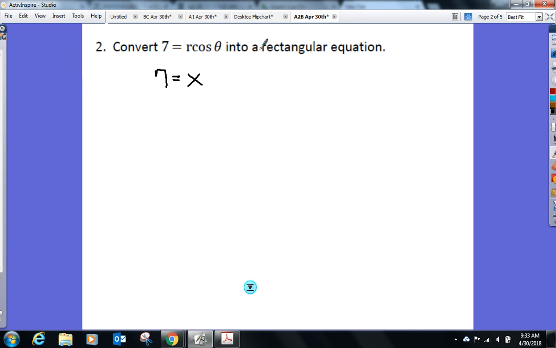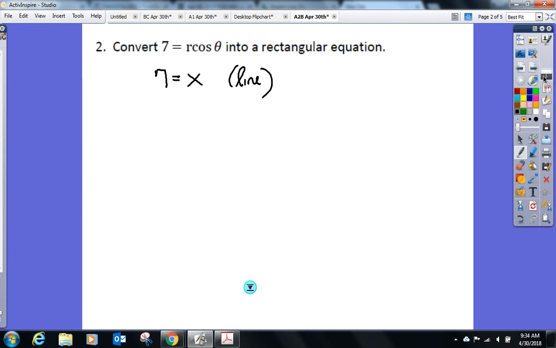I see an x. It's in rectangular. Anybody know what this is a graph of? X equals 7? That's a line, yep. Specifically what type? Vertical line, Jess. Nice job. Just substituting an x on that one.